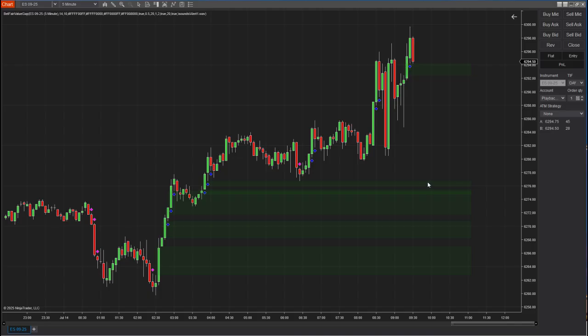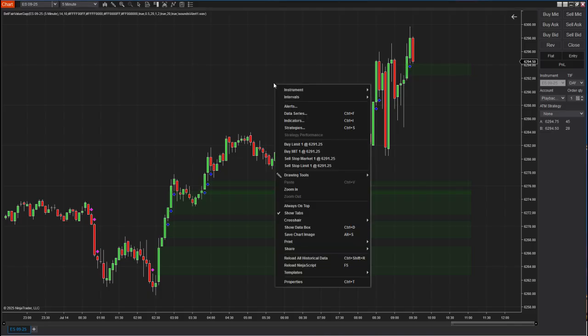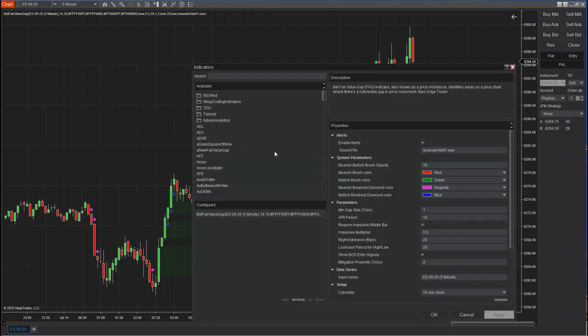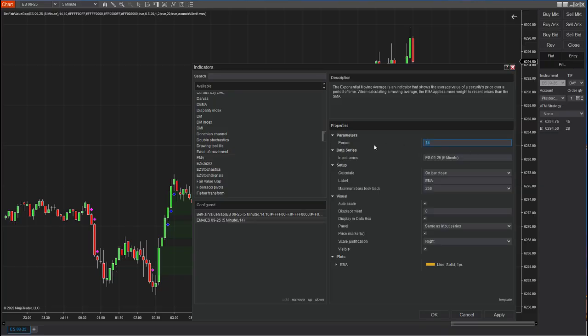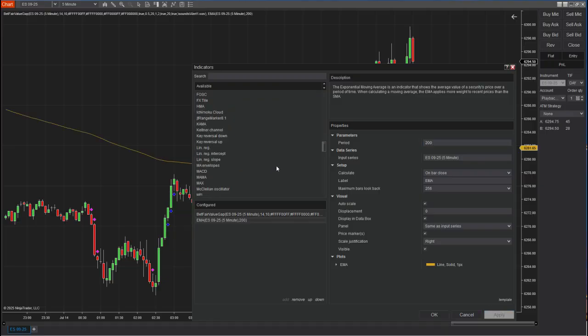How we would use this, we would add a couple additional indicators. So we would throw up on here an EMA. We'd use a 200 EMA. And we'd throw up also an RSI.